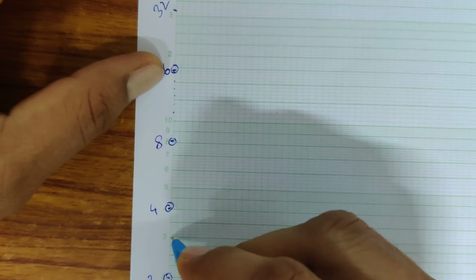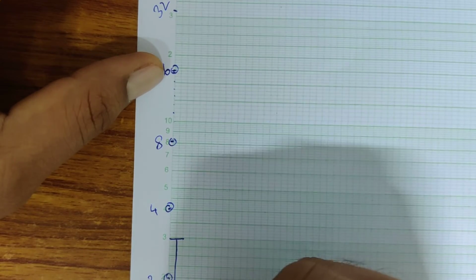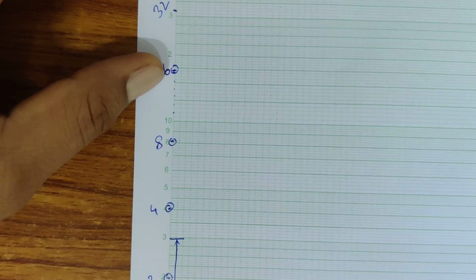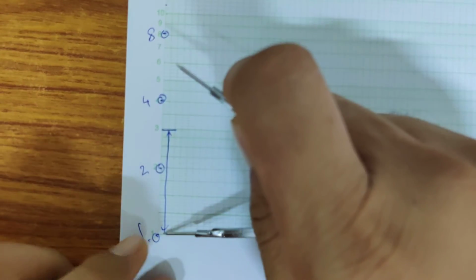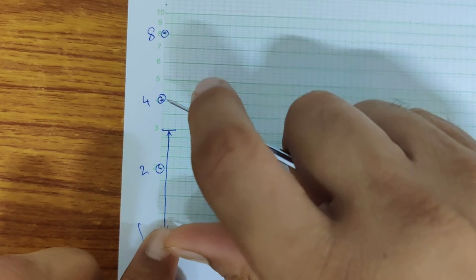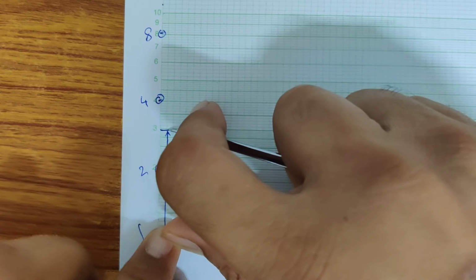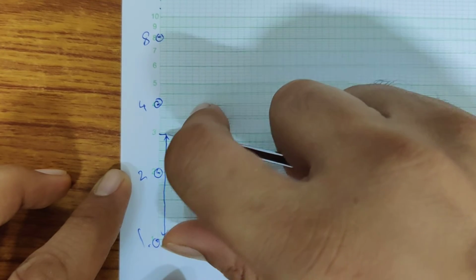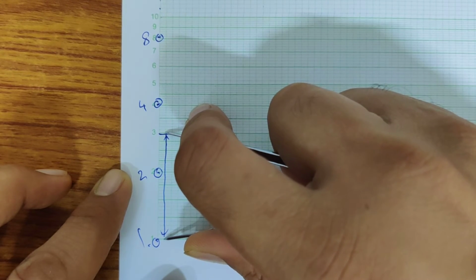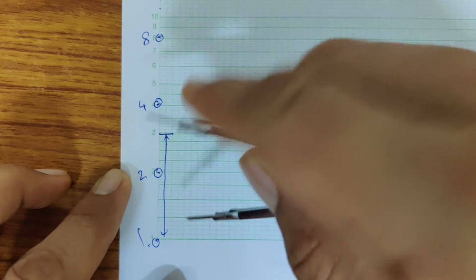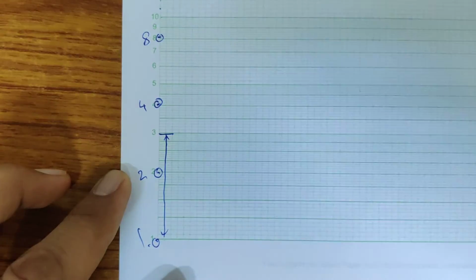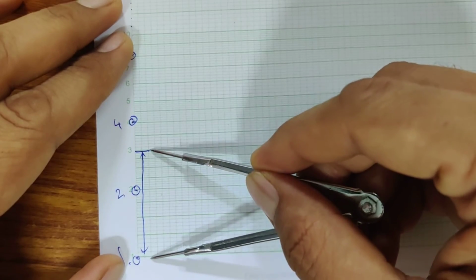If I want to triple, then I need the distance from here to there. So 3 times, maybe a little less. So that much, that's from here to there.